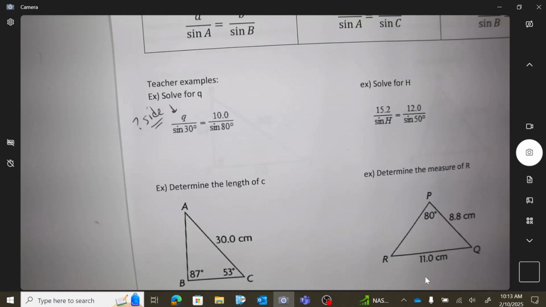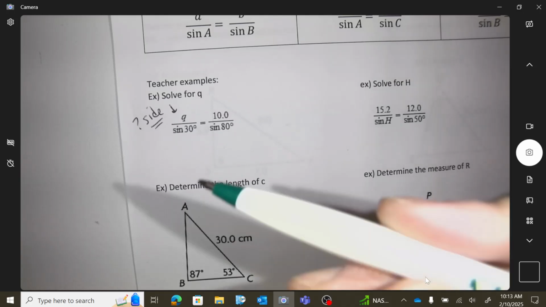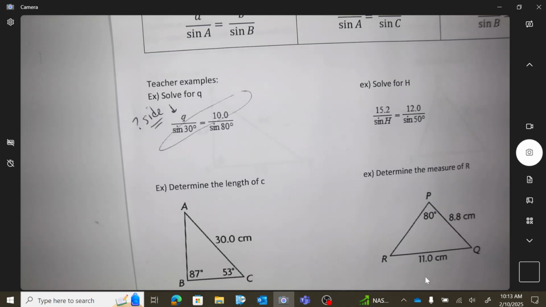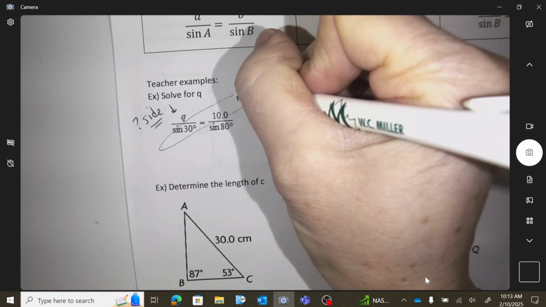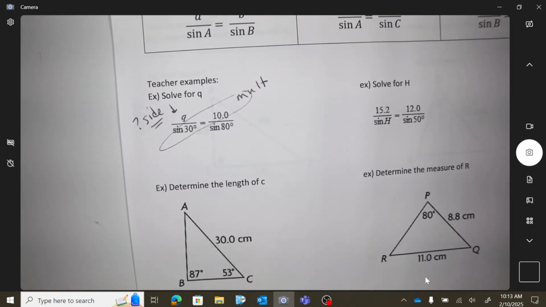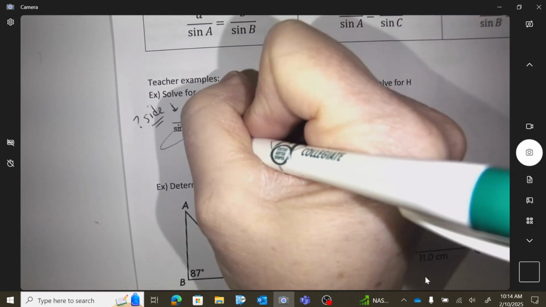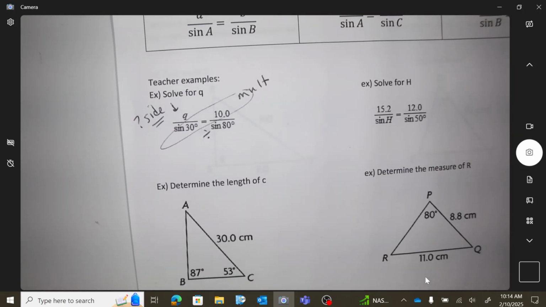I connect diagonally, multiply those together, and the leftover one I just divide by.